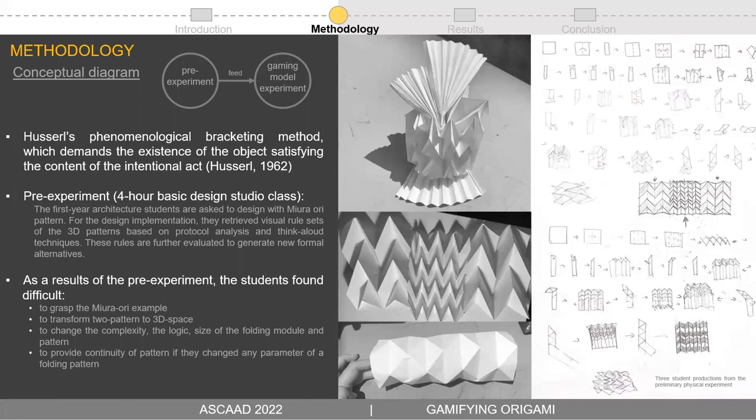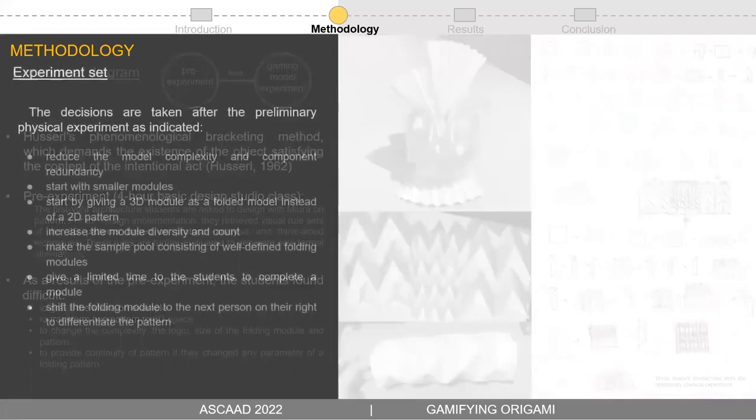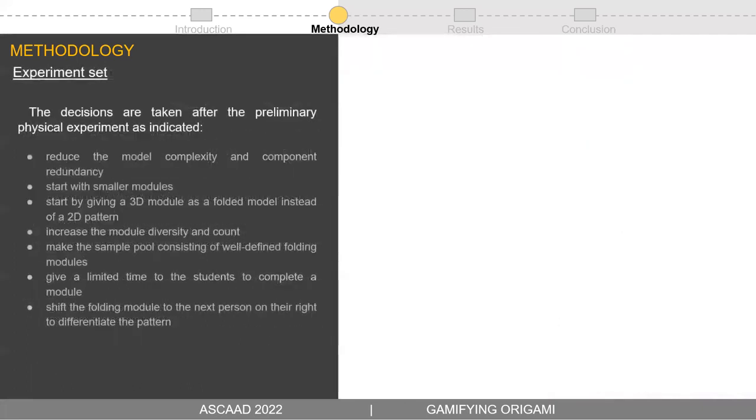The gaming model is shaped according to the pre-experiment with the first-year students to understand the required level of knowledge that should be given to the students. As a result of the pre-experiment, the students found the listed points on the screen difficult, such as grasping the Miura-ori example. And we took these decisions after the preliminary physical experiment.